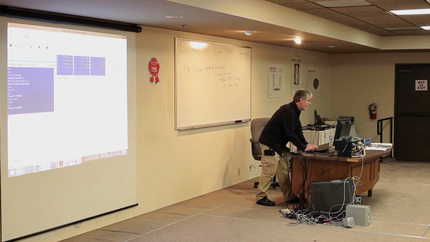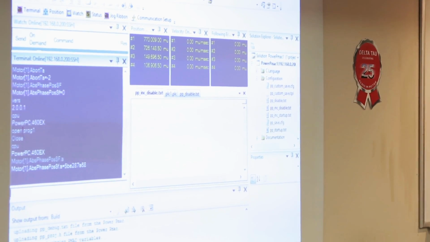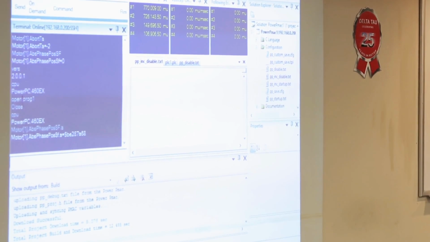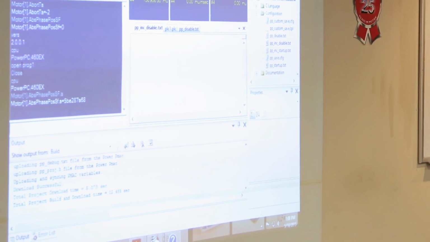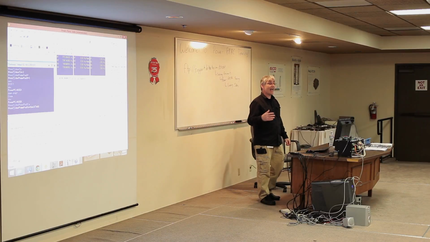The up arrow key, by the way, is going to cycle me through all of my last commands. And so, I don't know, what's the address of this particular structure element? It's somewhere in memory. And so there's the address, $BE287A68. Power PMAC is going to always report the addresses in hexadecimal.